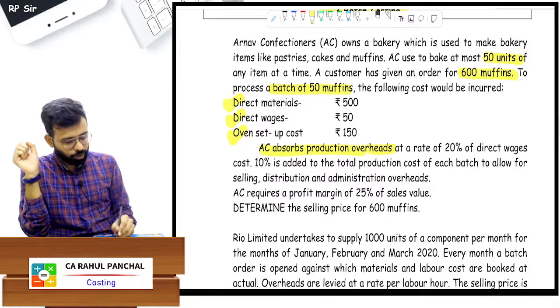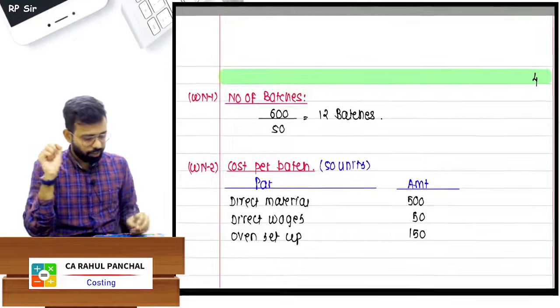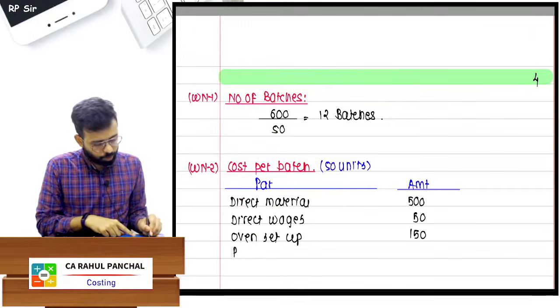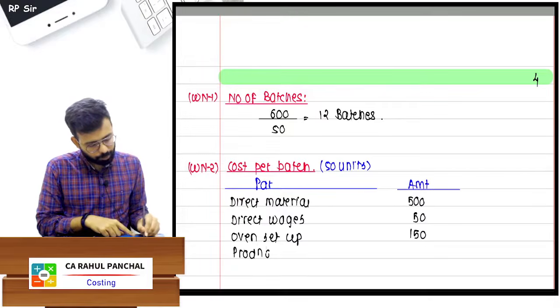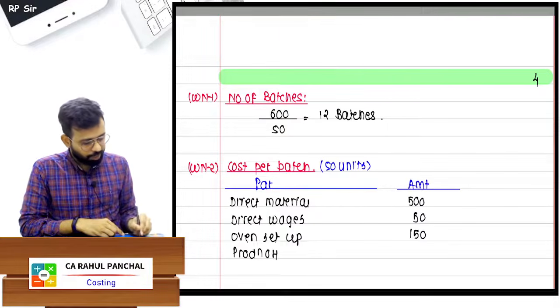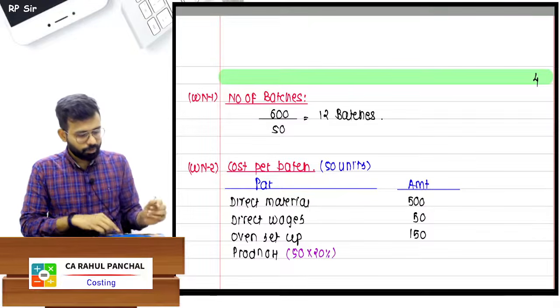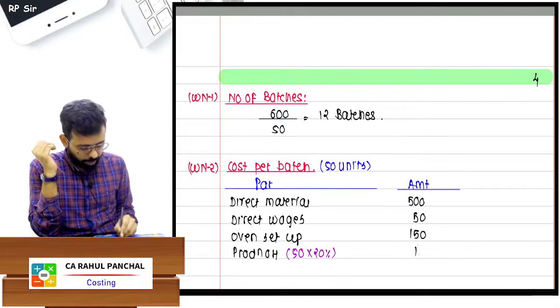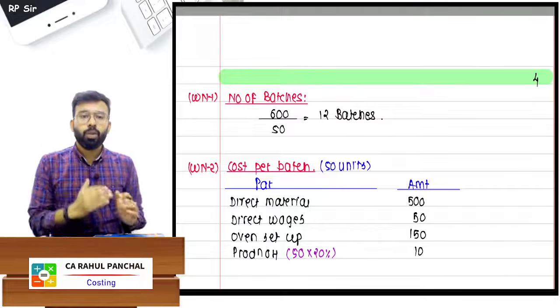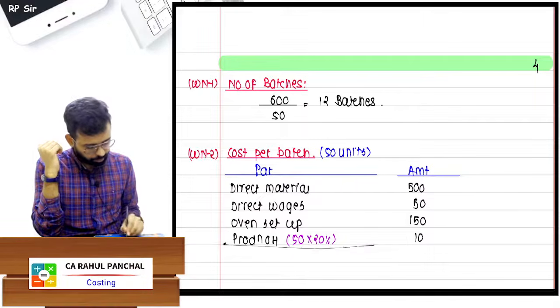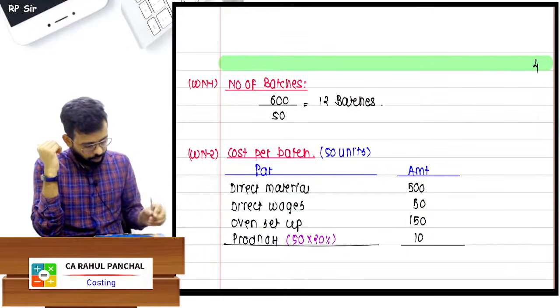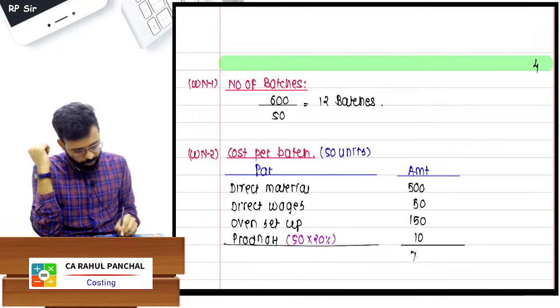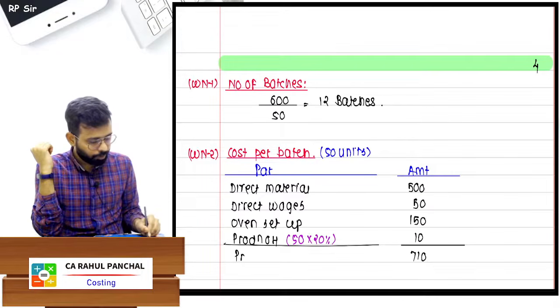AC absorbs production overheads at the rate of 20% of direct wages. So I can say production overhead, which is 20% of direct wages. Direct wages is 50, so 50 into 20%, you get 10 rupees. 10 rupees will be added over here. Once you take the total of these, 710. This is your production cost of one batch.